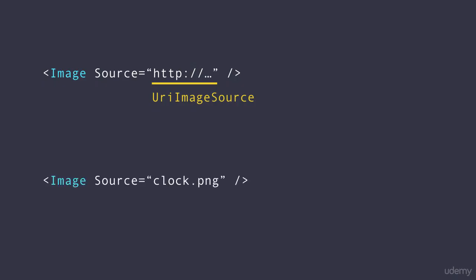And in this lecture, I told you that there is also an implicit conversion from a string to a FileImageSource. So how does that work? How does Xamarin Forms know how to parse a string? Well, if that string starts with HTTP, it will parse it into a UriImageSource. Otherwise, it's going to be a FileImageSource, which means a local file in each application project.